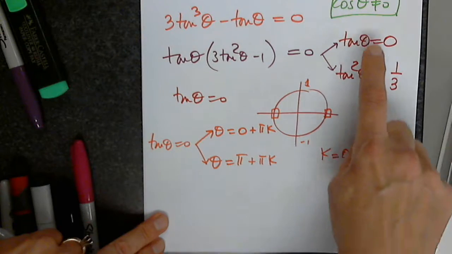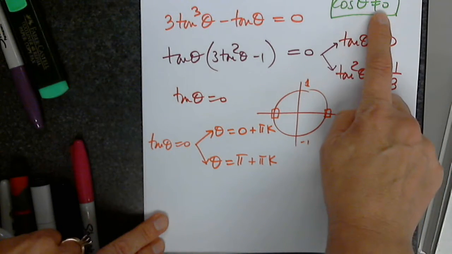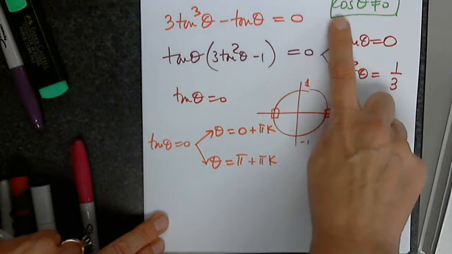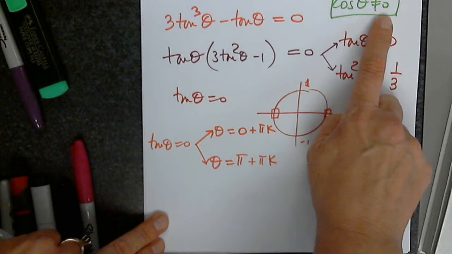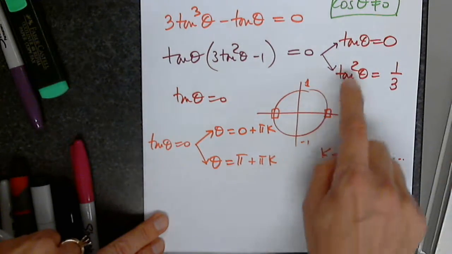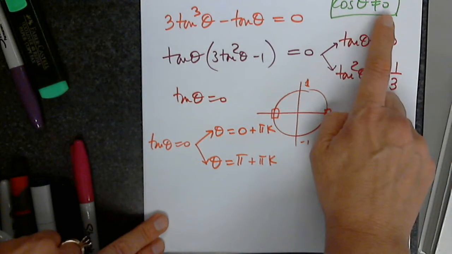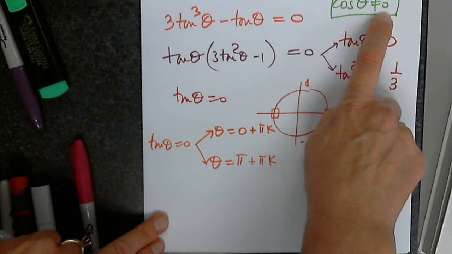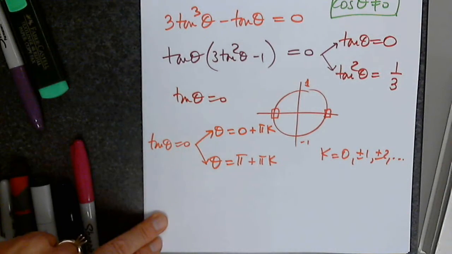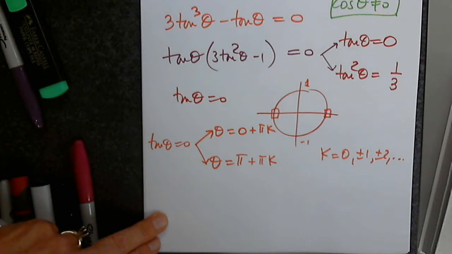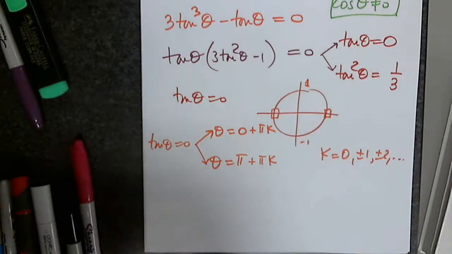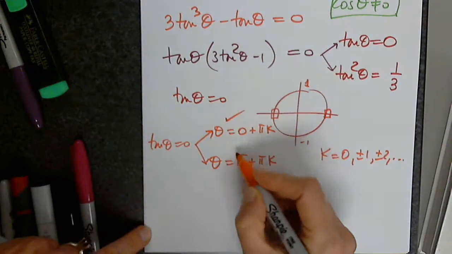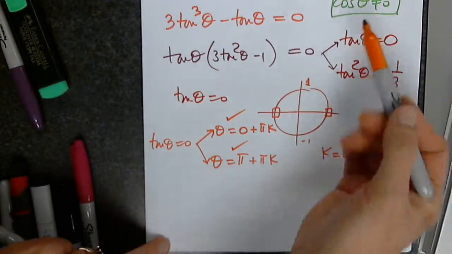If I plug in 0 here, is cosine 0? No, because cosine 0 is 1. If I plug in pi here, is cosine pi 0 or not? No, cosine pi is negative 1. Good. So solutions are safe. I checked against the restriction.